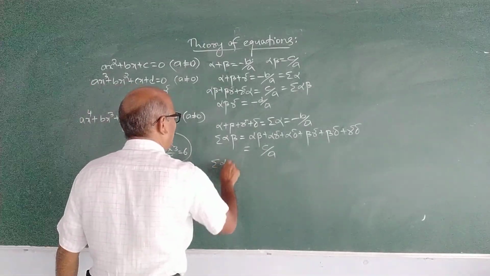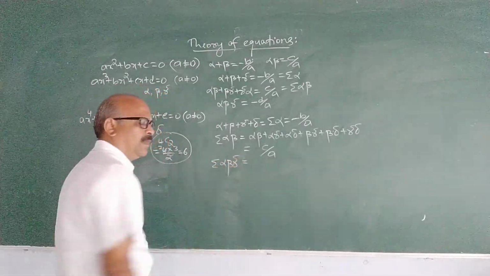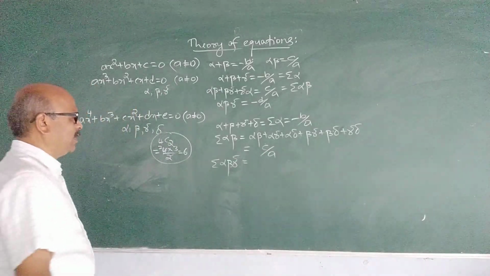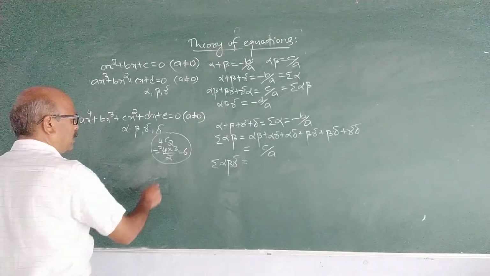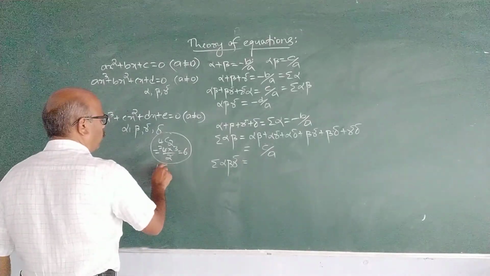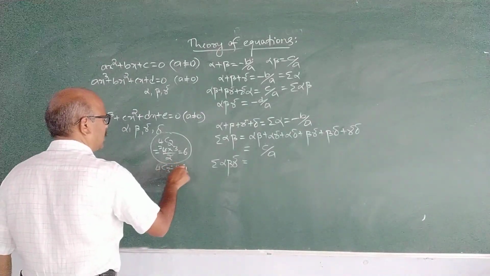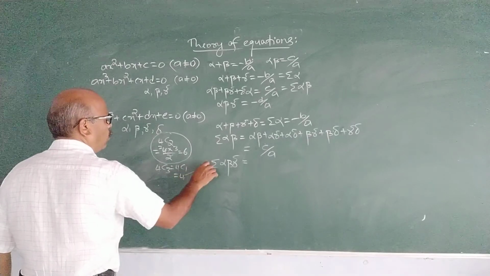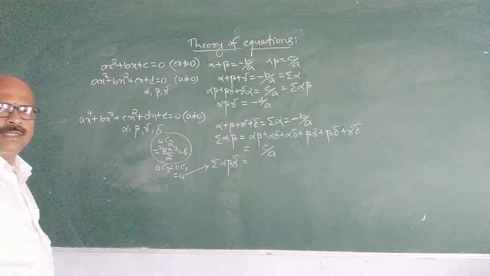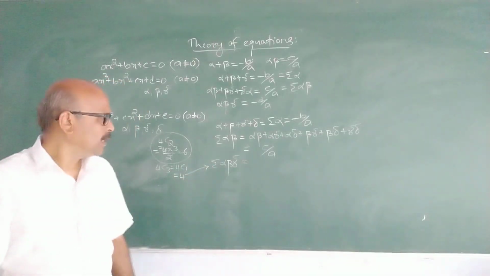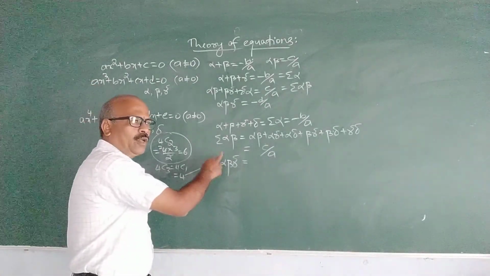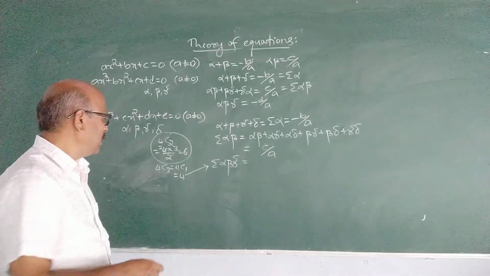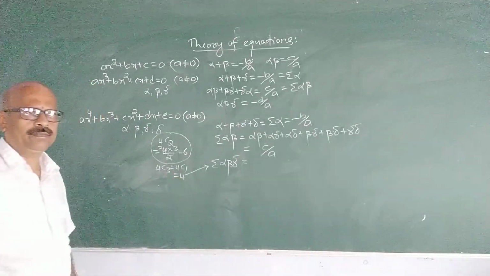Now sigma alpha beta gamma. Sigma alpha beta gamma means the sum of the products of the roots taken 3 at a time. 3 at a time means 4C3, which is the same as 4C1. So 4 terms will be there. Out of 4, if you take 3 at a time, there will be 4 terms.